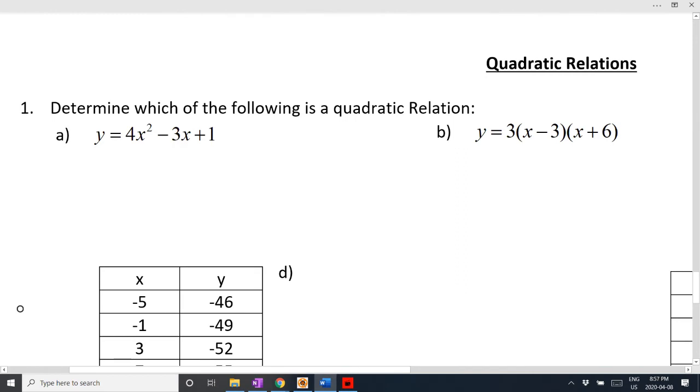So now that we've had some practice verifying which equations were quadratic and which weren't, let's try classifying some here. Let's determine which of the following is a quadratic relation. We can see here in our first example, the highest degree in the terms is an x squared, so we know this is going to be a quadratic.